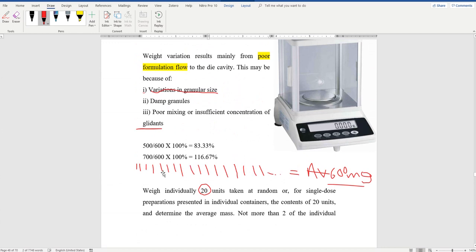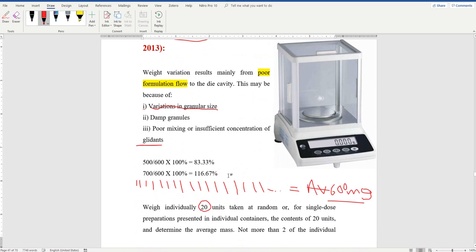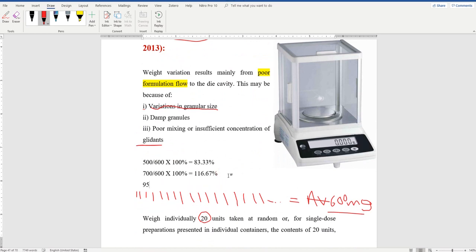So you will have to look at each of these numbers. All of them should be between 95% and 105%. So look at each number. Is it between these two extremes, 95 to 105? If all of them are within this range, then the tablets will pass the test for weight variation.